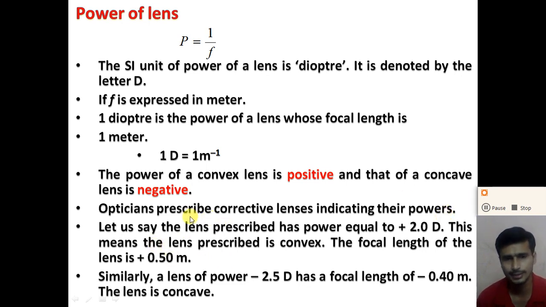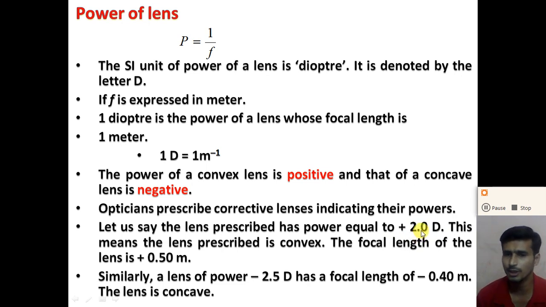So let us say, for example, a lens prescribed has a power equal to plus 2 diopter. Here the optician gave a number, plus 2 diopter. So here the power is a plus. That means we require a convex lens, right?